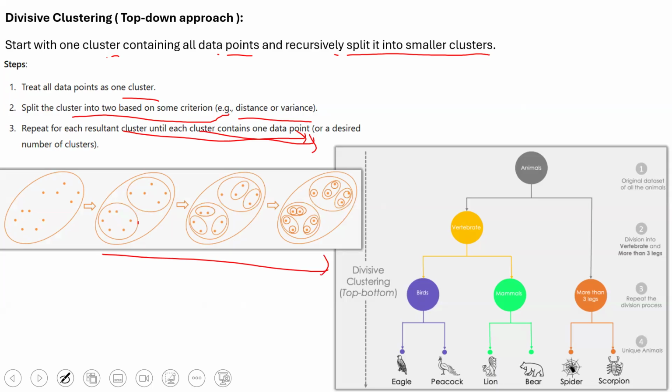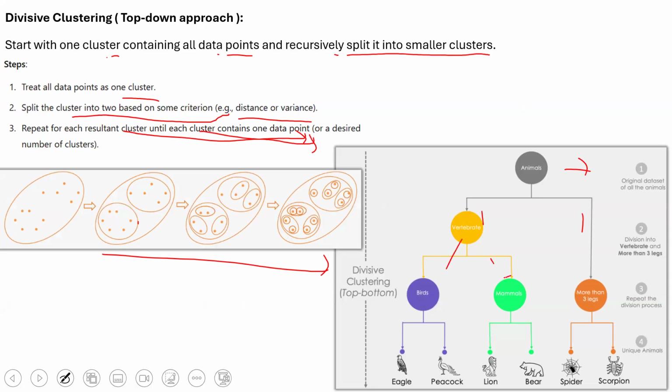So this is the top-down approach. Divisive clustering is computationally expensive. So if you look at this, this is a top-down approach. So you start from here with animals, and then you divide them into two clusters, and then you divide them into two other clusters.